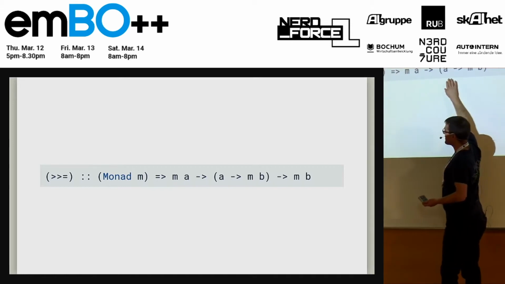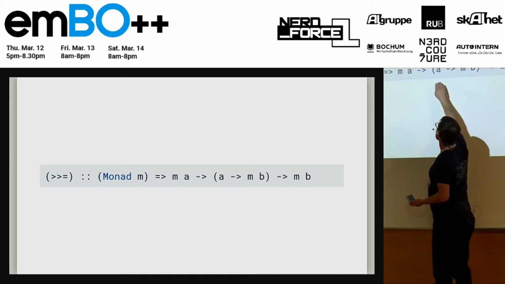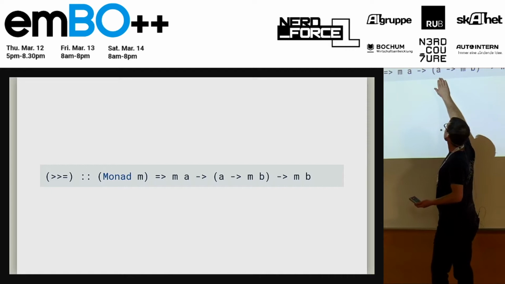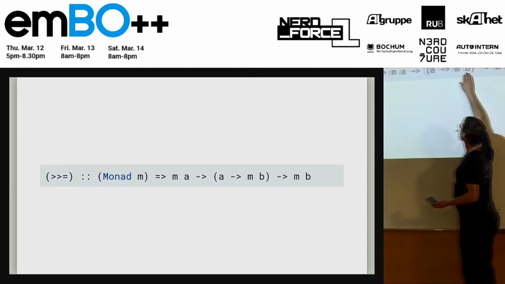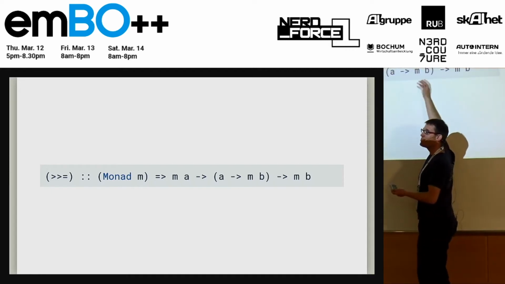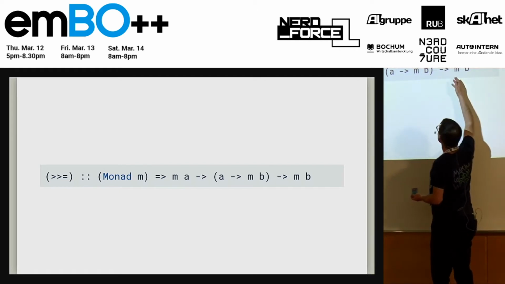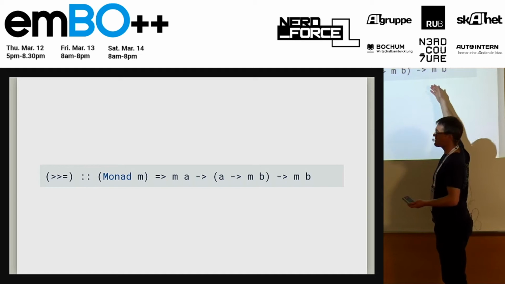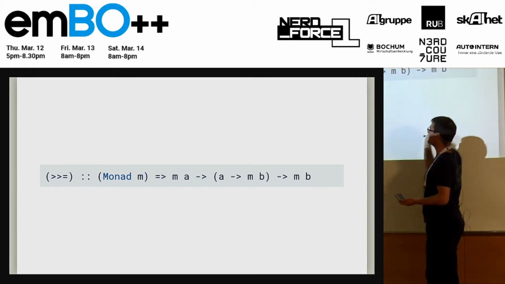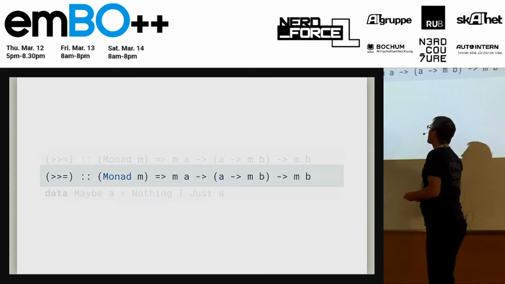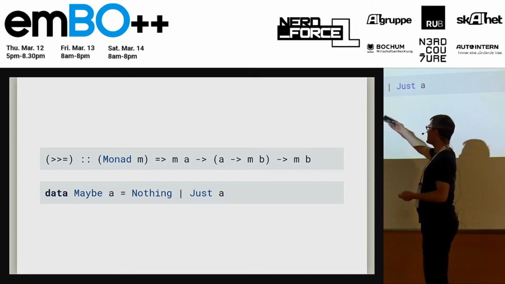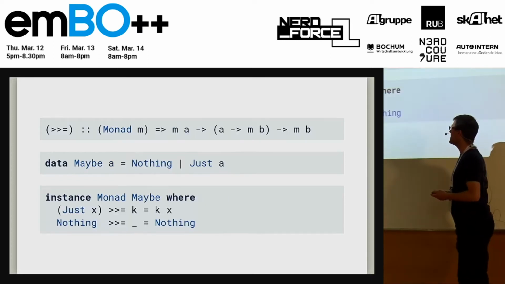The second parameter of this operator is a function that takes an A and returns an M of B, so something like a maybe float or maybe integer. And the output of evaluating this bind operator is an M of B. And to remind you, that's the definition of the maybe.